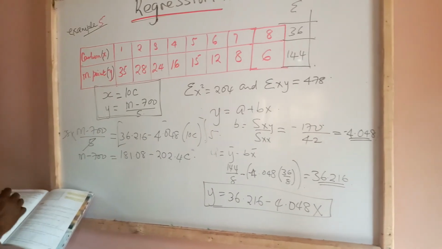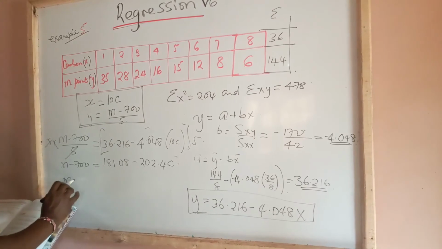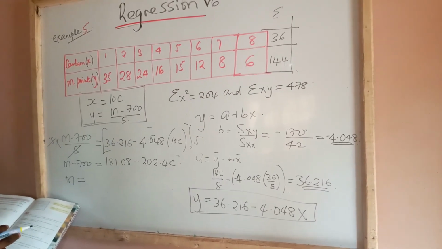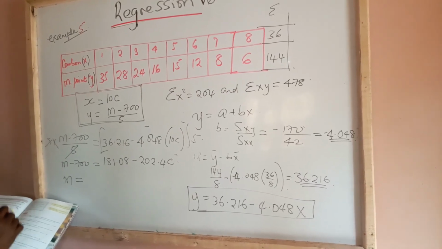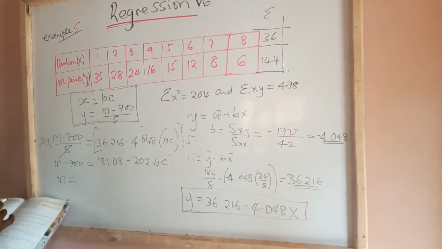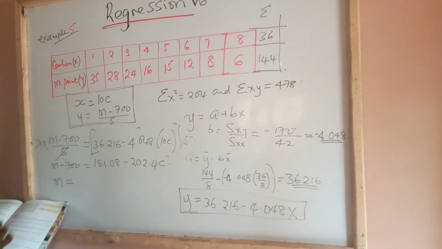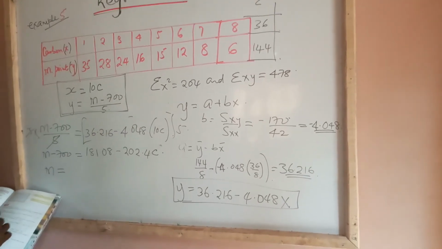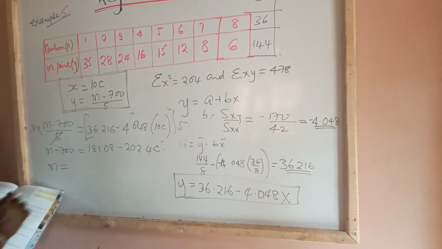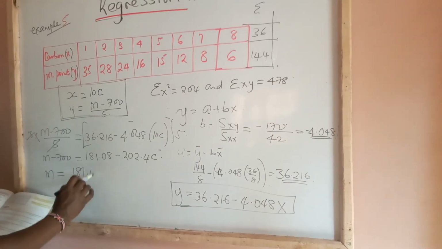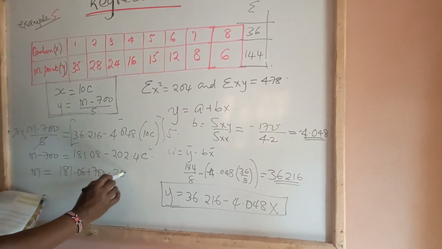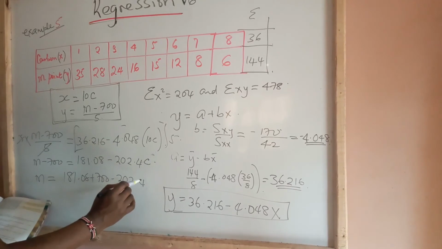But we are not yet there. We must make m the subject of the formula, because the question is to find the equation of the regression line of m on c. That means we have to add 700 on both sides. Then we are going to get m is equal to 181.08 plus 700 minus 202.4c.